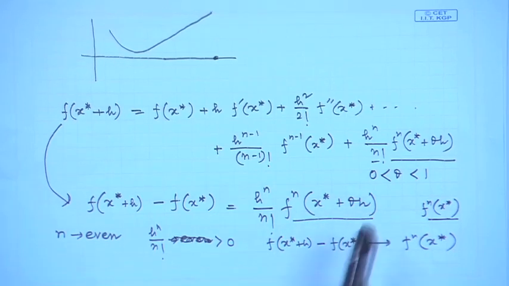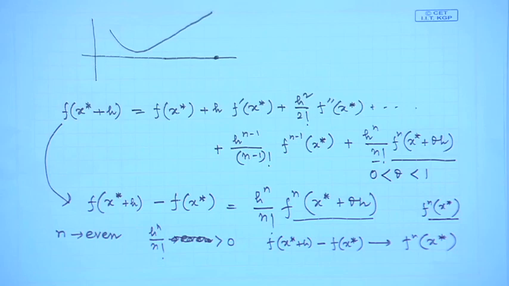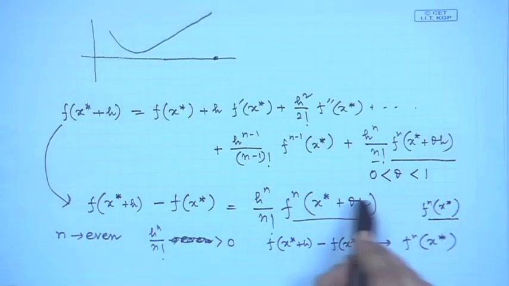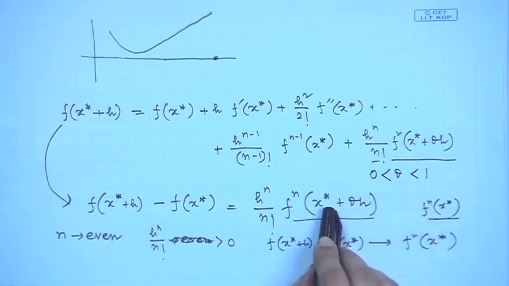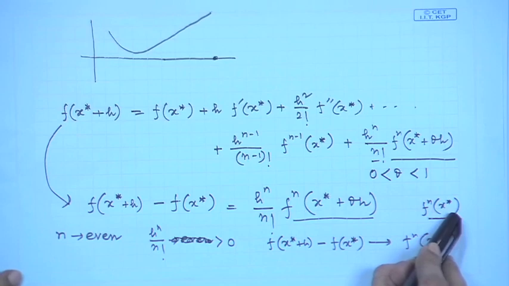Now, it is given that f n x star is non-zero, and whatever sign of f n x star we are having, it will have the same sign as f n of x star plus theta h, because theta is very small from 0 to 1 and h is also very small. That is why we are having the same sign of these two. That is why if we look at the sign of f n x star, from there we can conclude whether at x star we are having the minimum or not.